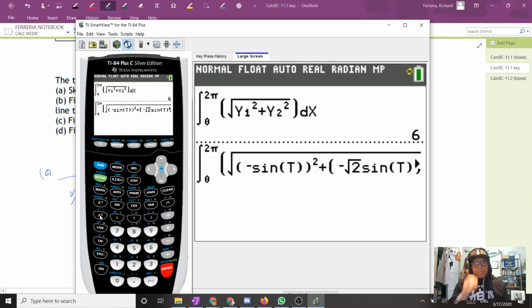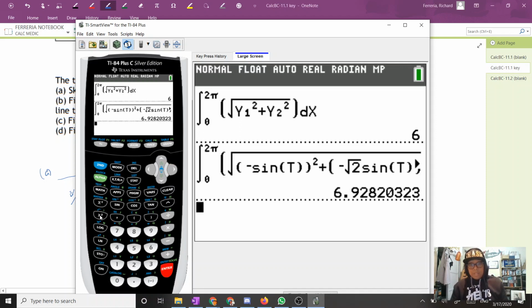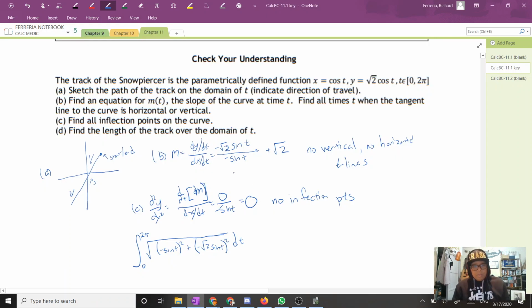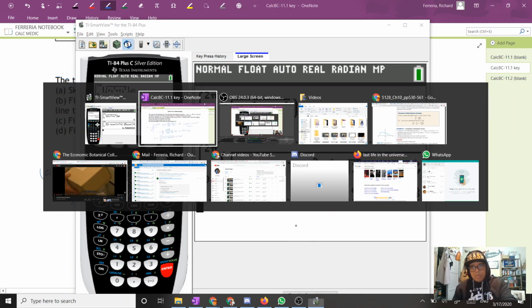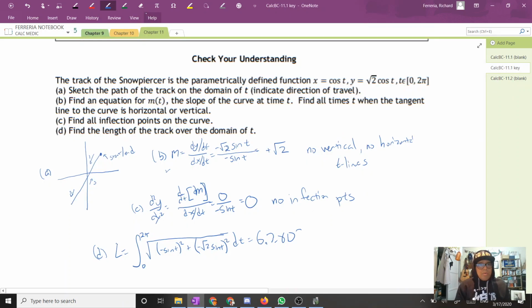Great. 6.928. So the length equals, and I have to find my cursor here. There we go. The length equals 6.92820.